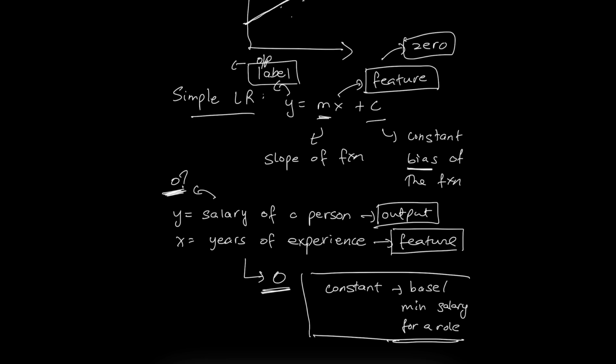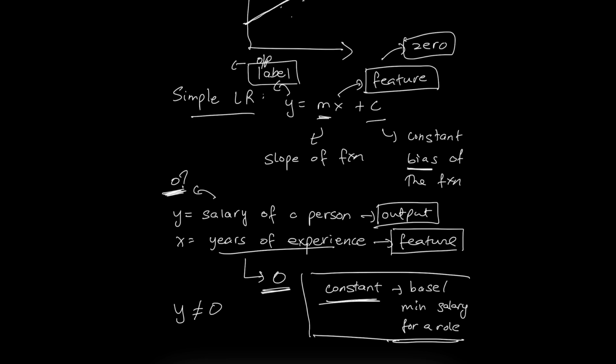So even though our feature, the years of experience here, is 0, the output will not be 0, rather it would be a constant for a given industry. It will be a constant for people with no years of experience.